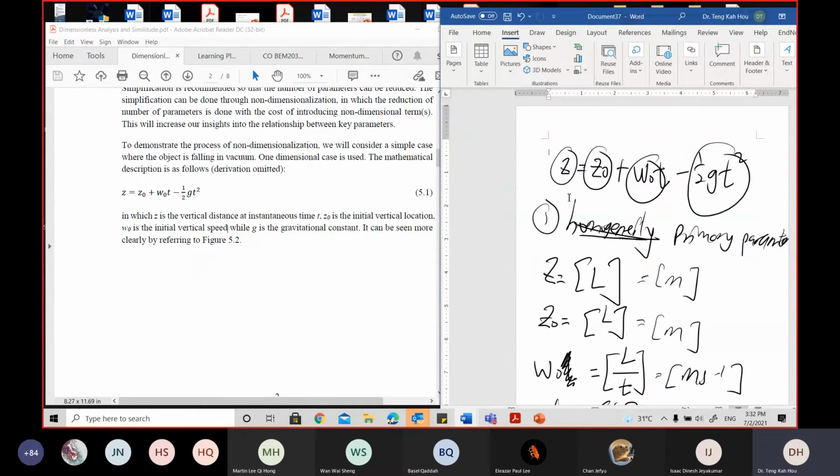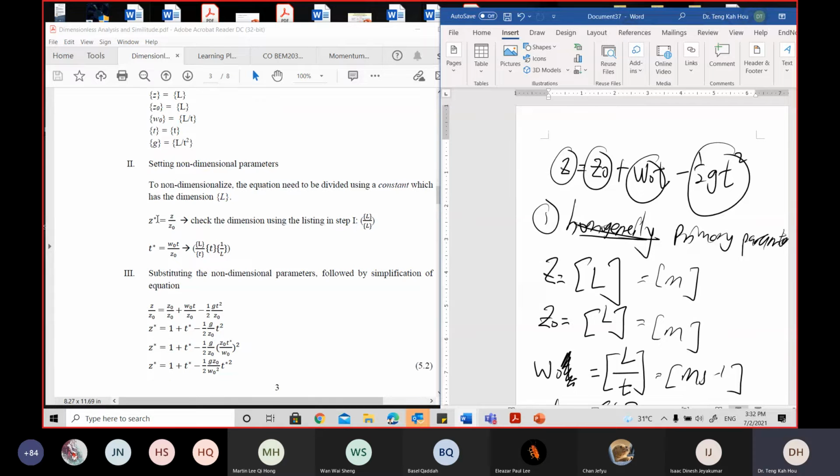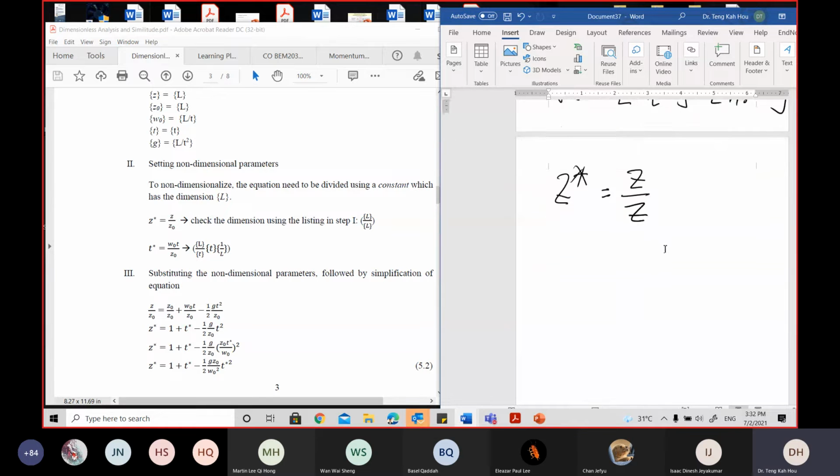Once you divide by z0, the whole equation is divided, so you become dimensionless.